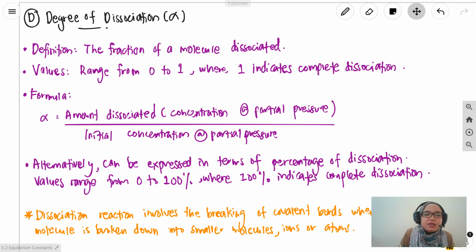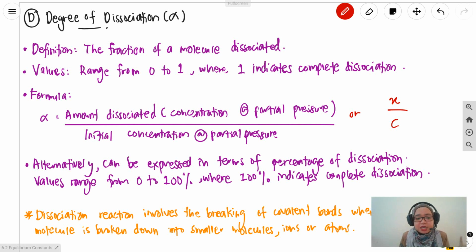And the formula is alpha equals to the amount dissociated in terms of concentration or partial pressure, which we usually know as X, over the initial concentration or partial pressure C. So alpha equals to X over C, where X is the amount dissociated and C is the initial concentration or partial pressure.